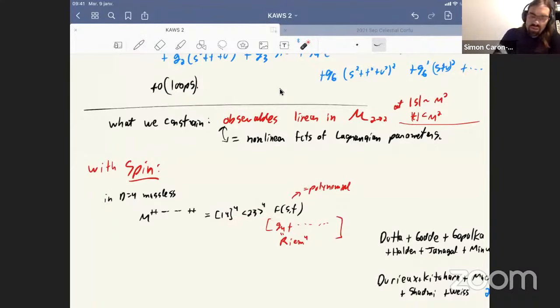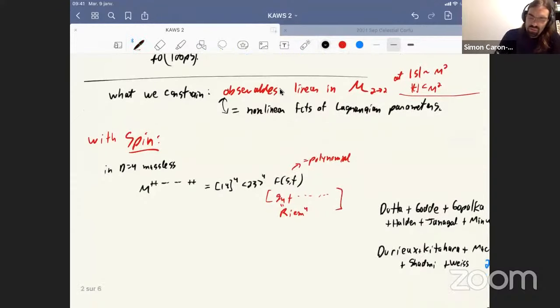And you can play the same game for other helicities. Actually, different helicities behave very differently. If you have this plus plus, you have something like this case here, it turns out that the amplitude has some big factor. I actually forgot how it works.